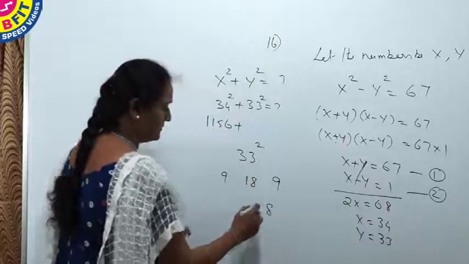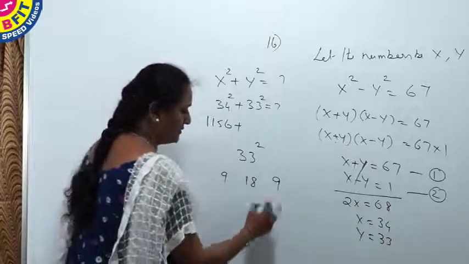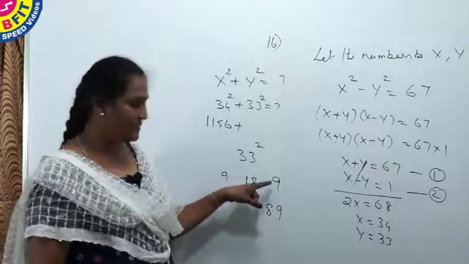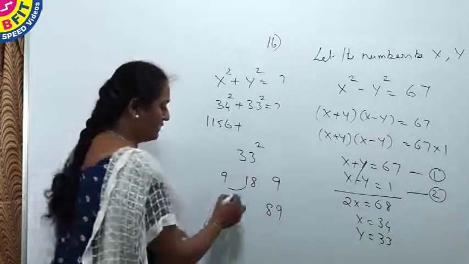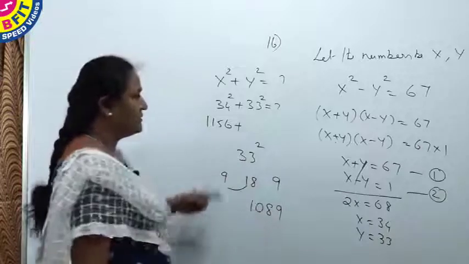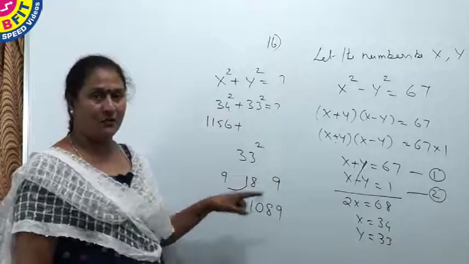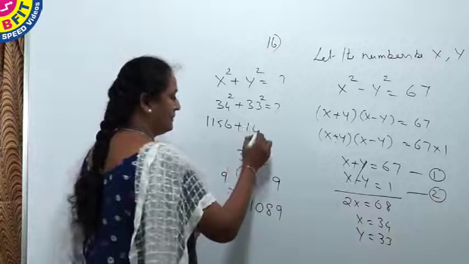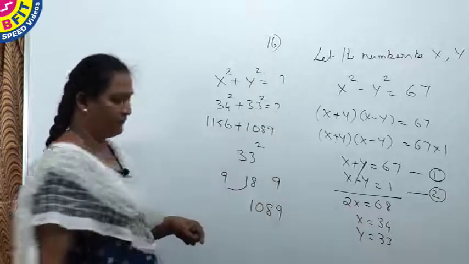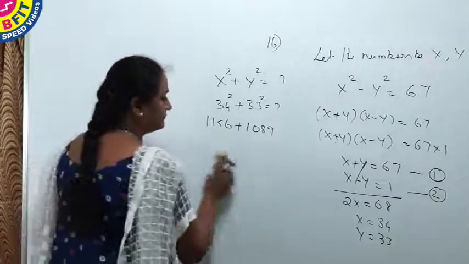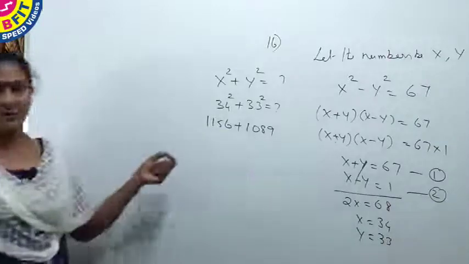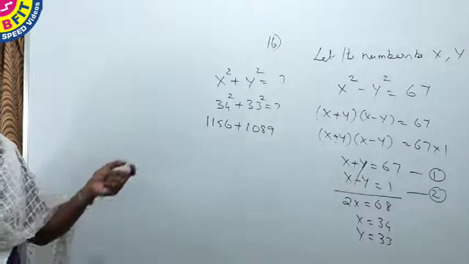For the answer, write 9, as you have only one digit, then come to the next term, write 8. Add 1 with 9, it is 10. So the square of 33 is 1089. So now adding these two numbers, we arrive at the answer.